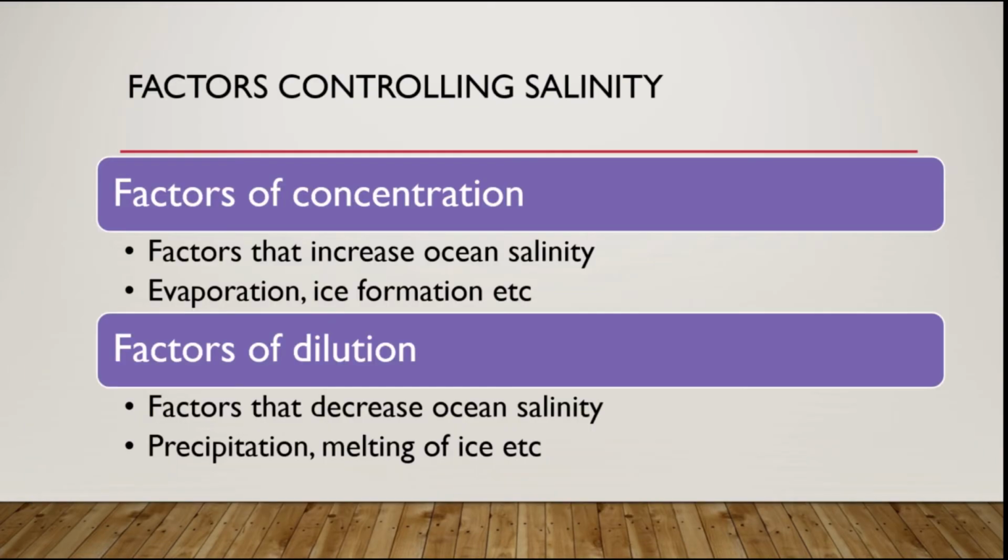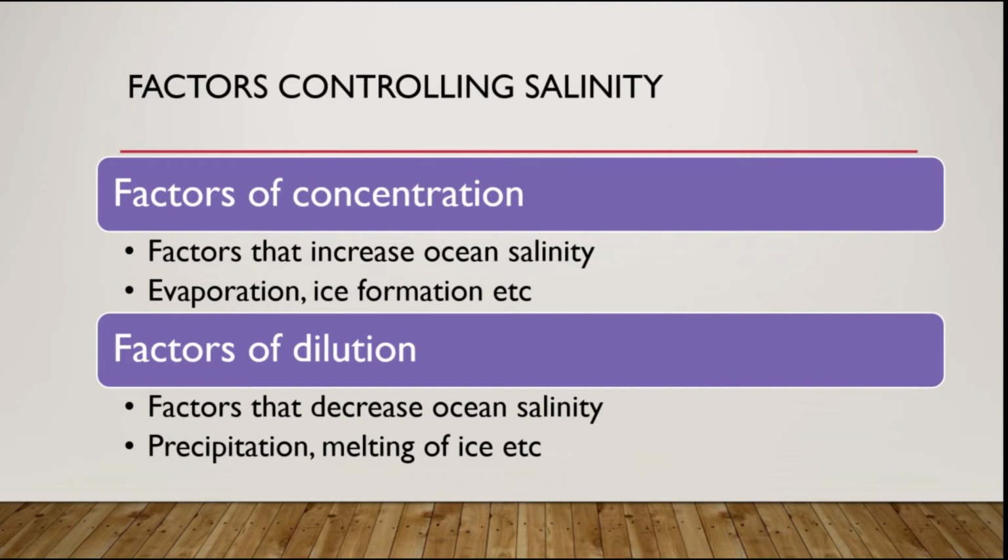Now we are going to discuss the factors which control ocean water salinity. These factors can be classified into two groups: factors of concentration and factors of dilution. Evaporation of ocean water and the formation of sea ice both increase the salinity of the ocean.